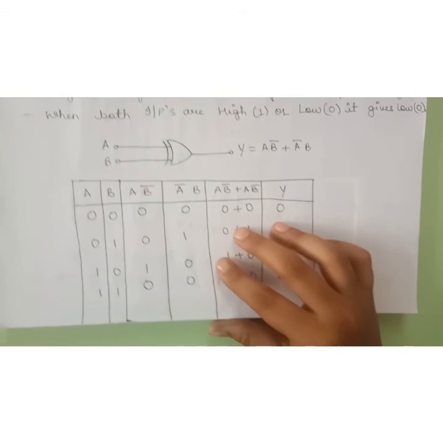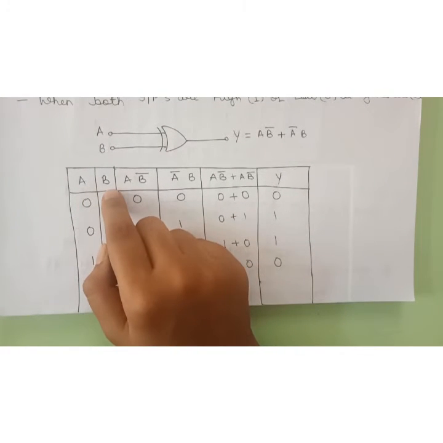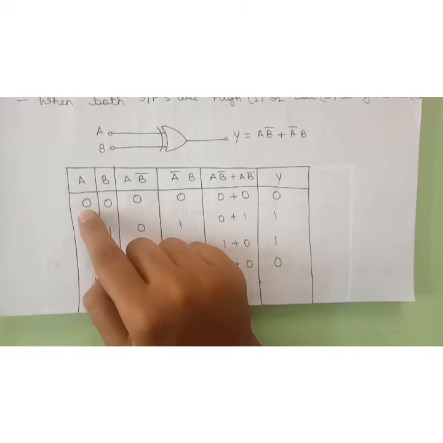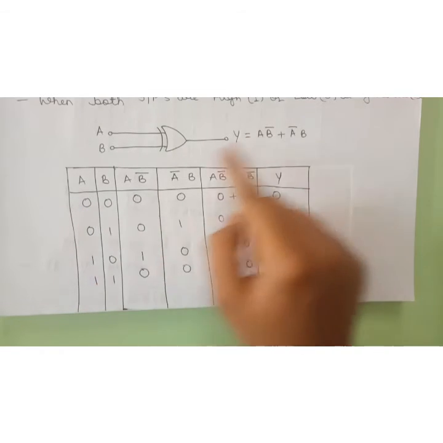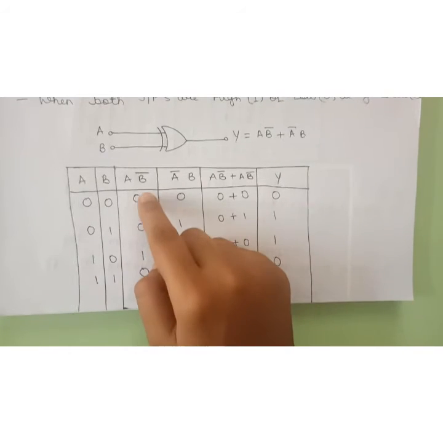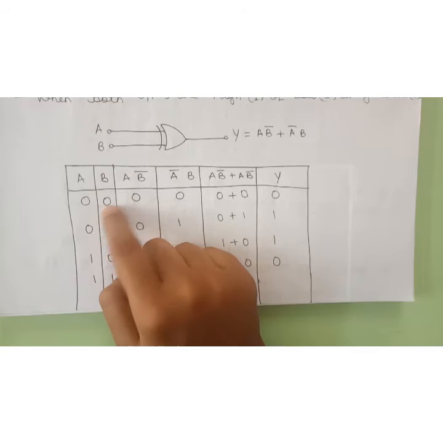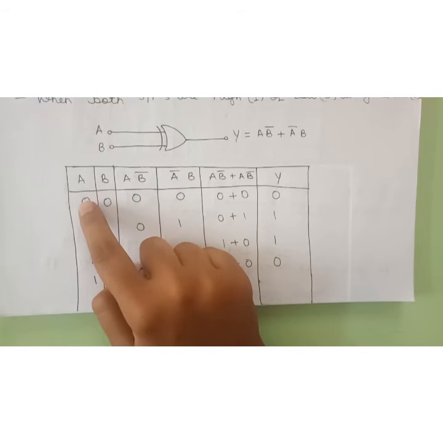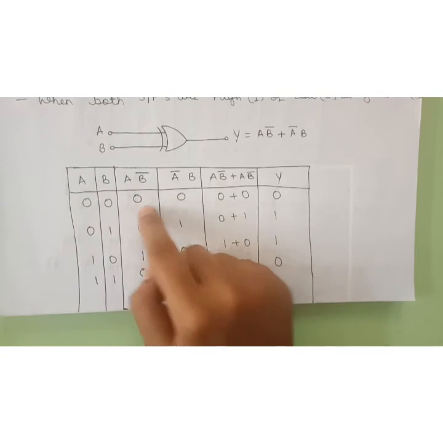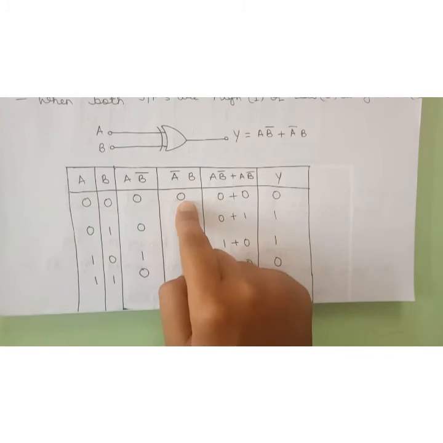Let's understand this operation through the truth table. The inputs are A and B. If we give the inputs as 0 0, then our output should be A B bar + A bar B. We first calculate A B bar, that is A into B bar, which is 0 into 1, so 0. Next, A bar B is 1 into 0, which is again 0.